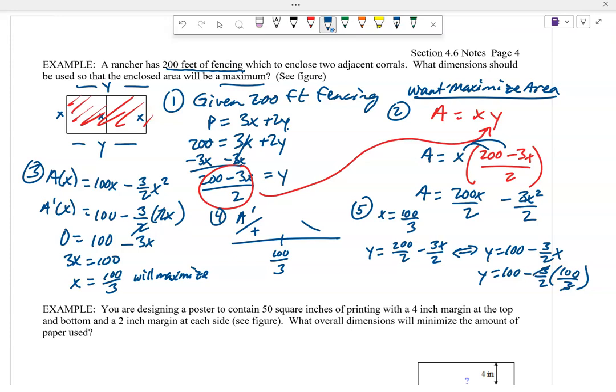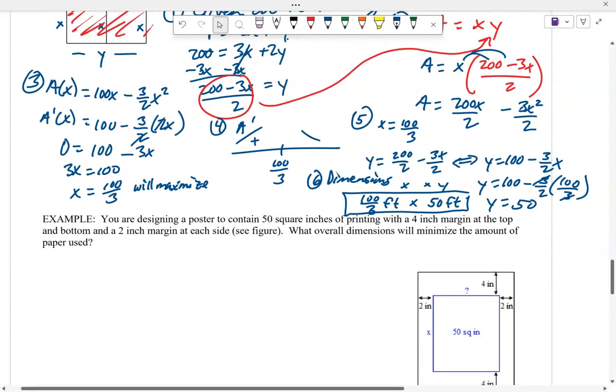So we have 100 minus 50, which ends up being 50. So finally, what's our dimensions? X by y, our height by the length there. It'll be 100/3 feet, our x, by our y, which is 50 feet. So that would be our dimensions that would maximize the area of the enclosure for the two adjacent corrals.